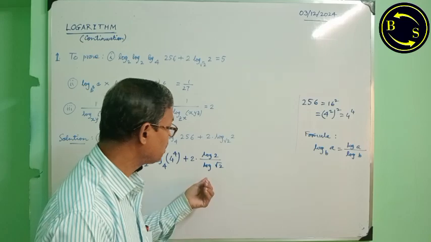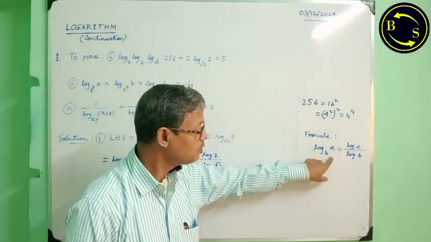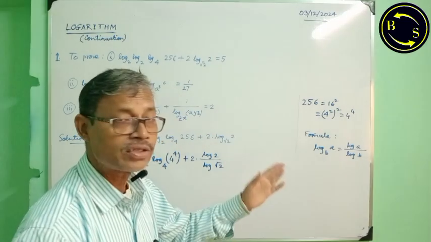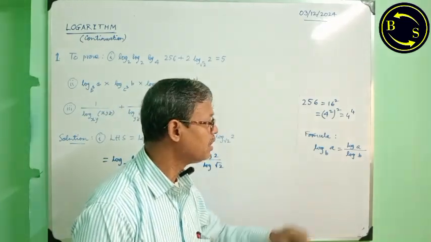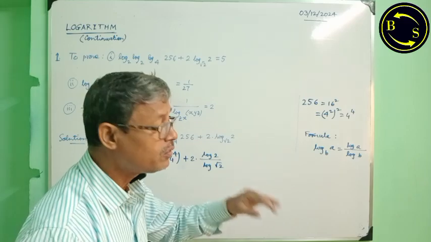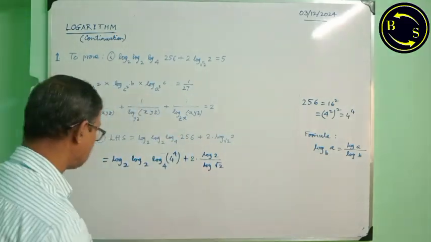I have used here this formula: log of a to the base b is equal to, in the fraction form, where numerator is log a, denominator is log b. Already I deduced that formula in the earlier class. I have written here like this.